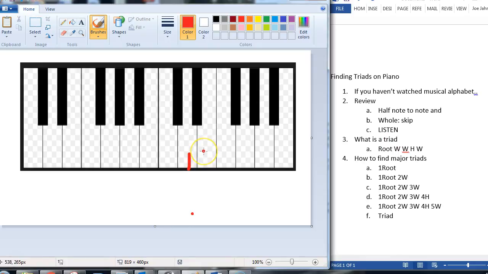Then go a whole step to 2, then 3, playing 1, 2, 3 several times, then 1, 2, 3, 4, then 1, 2, 3, 4, 5, and then play 1, 3, 5 and play them all together, triad. That's how you find your major triads.